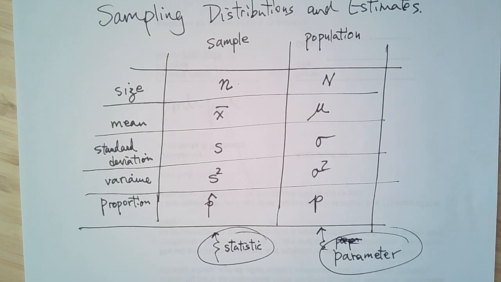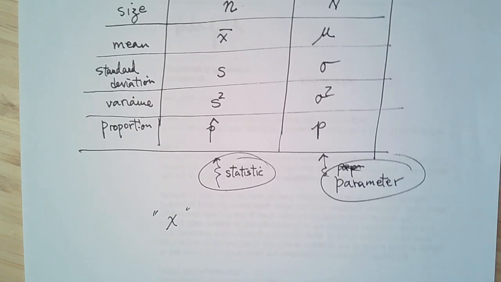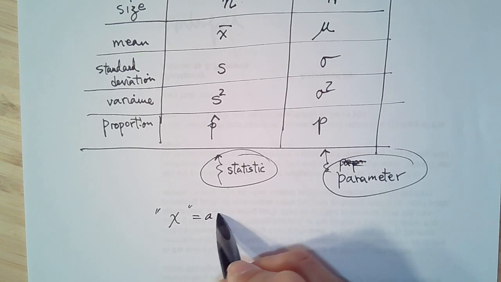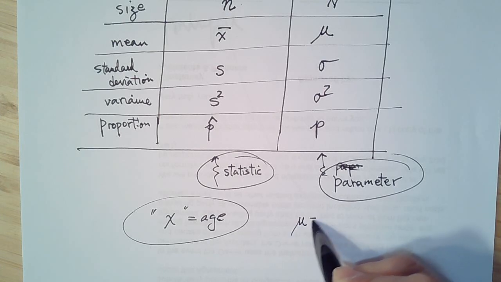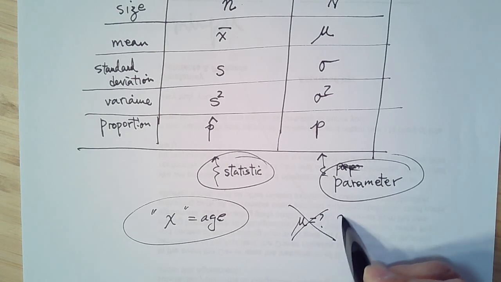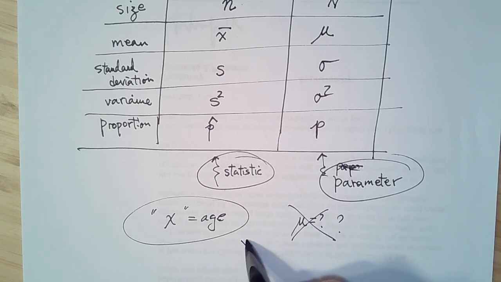For example, we talk about the age of all students at our school, their average age. I am looking for the mean, so I'm looking for mu. I don't know it, right? And what I can find is x bar.